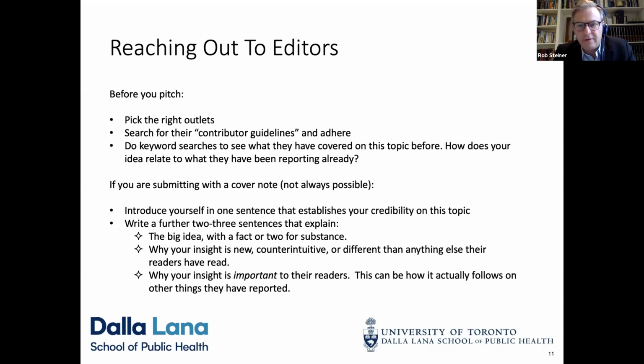They don't all have them. It's a bit spotty. But particularly if you go to the opinion section, at the bottom of the page there might be something labeled contributors or submissions. Sometimes it's under About Us. In the same way that academic journals are very specific about the guidelines they want from their contributors, a lot of outlets are as well.